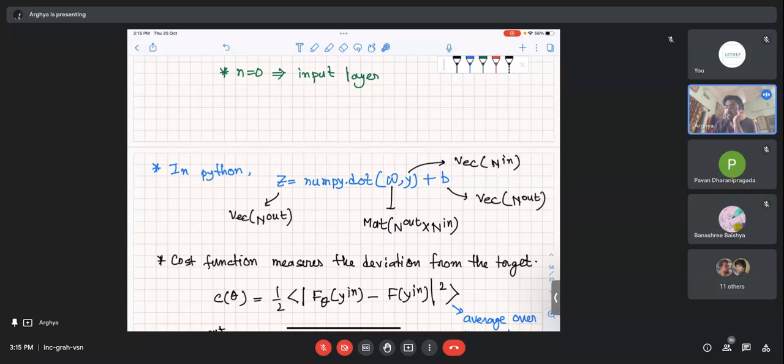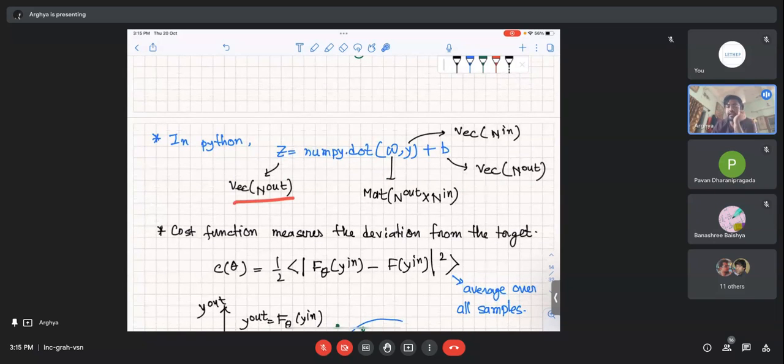Now you see this z is basically a vector, a column vector in some sense. W can be thought of as out cross in, that is, input dimensional weight. y is of course the vector in. That's why you can take the dot, and then b is the output.